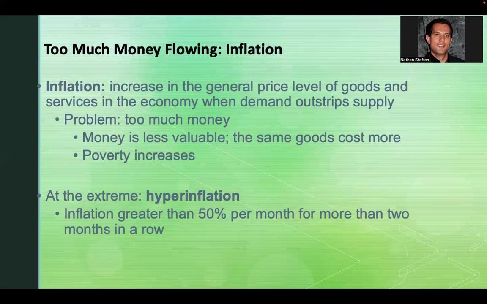People on low incomes or fixed incomes, like pensions or retirees or people who rely on Social Security, tend to be especially hit very hard as their wages fail to keep up with inflationary pressures and those prices on the goods that they ultimately need to purchase in order to survive. So you think about heating oil in the winter.